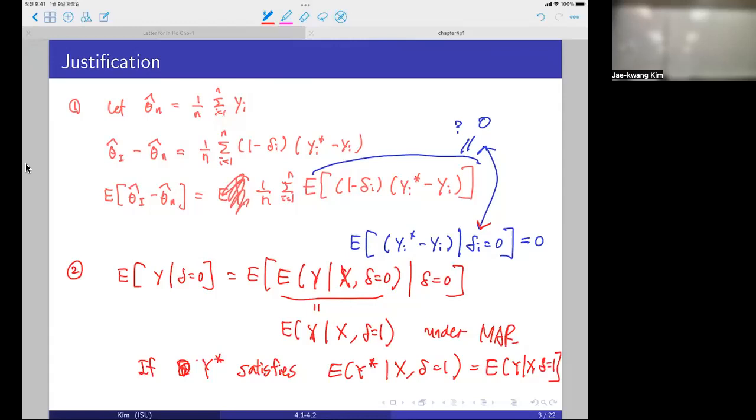Why does the second last equality help? So what is MAR in this setup? Y is independent of delta given X.